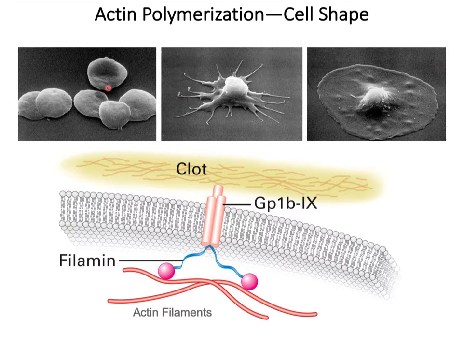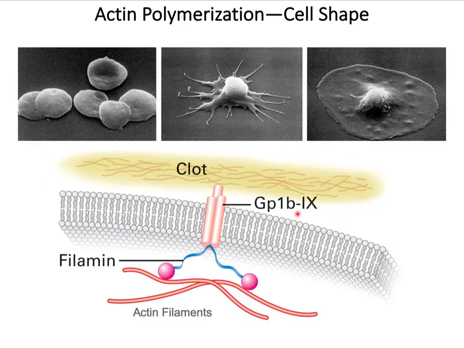In the first panel, on the left side, is an unactivated platelet. But once the platelet is activated as a result of a vascular injury, let's say a cut, they will bind to the site of the injury and they will form this structure to prevent the injury. Eventually, they will spread out to cover the vascular injury. A lot of this is mediated by the changes in actin.